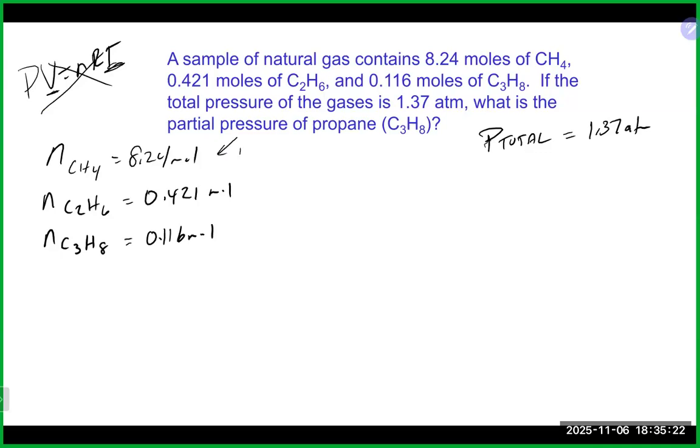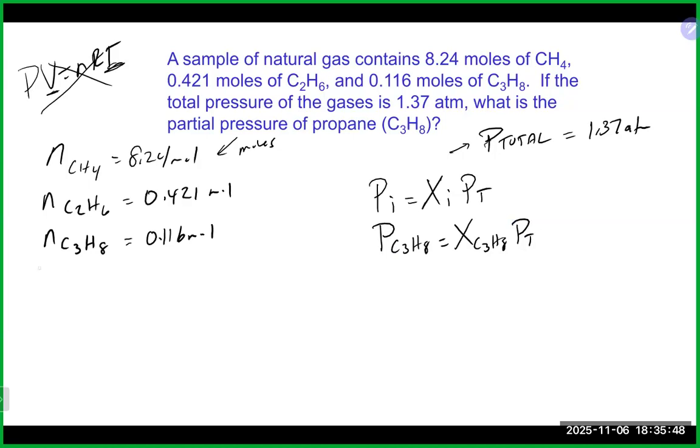We do have moles and we do have some type of pressure, which will allow us to use that mole fraction formula, which looks something like this. In this case, we are interested in the partial pressure of propane, C3H8. So we'll need the mole fraction of propane times the total pressure.